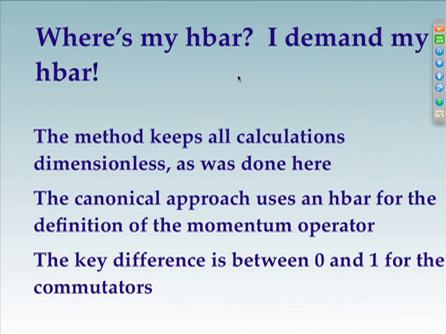There, you want your h bar in there, and I'm doing all the calculations dimensionlessly. But to me, the key difference between the two is that one ends up at 0 because there is no product rule going on, and the other does.